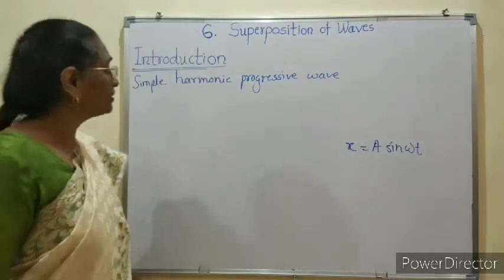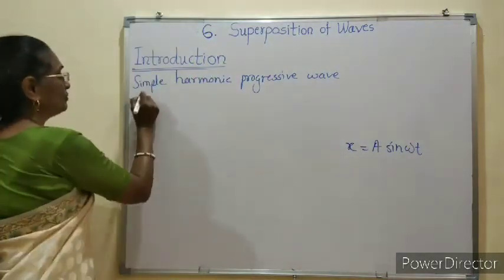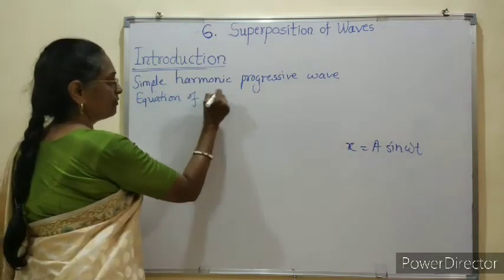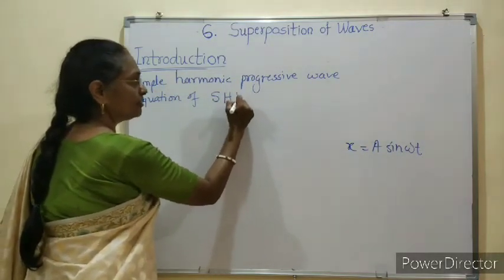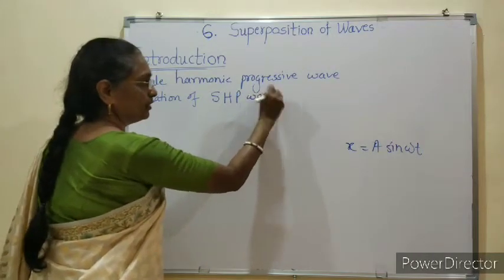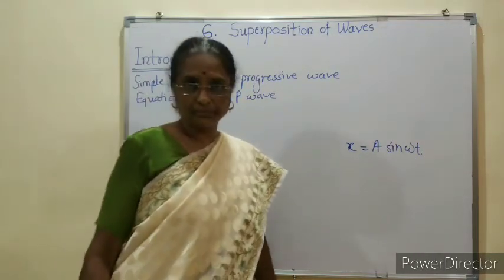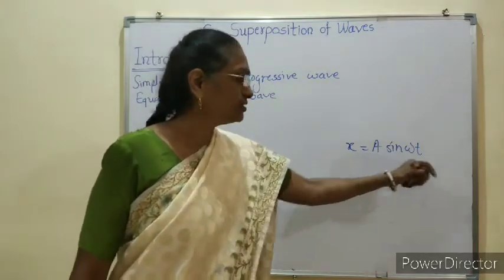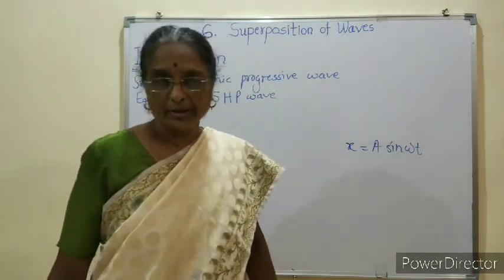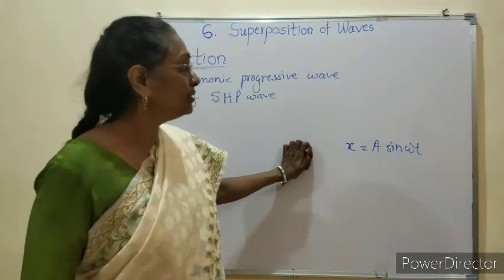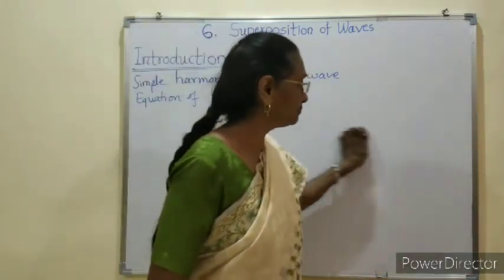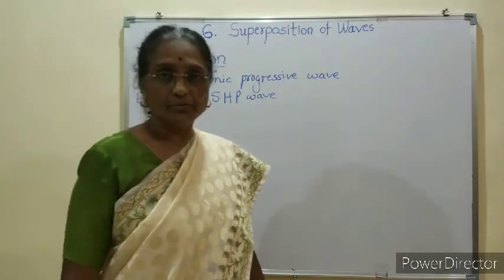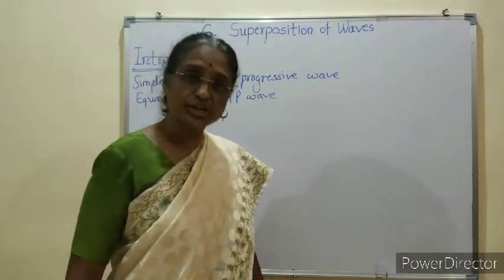And the equation related to a simple harmonic progressive wave, we have to derive that equation by considering the equation x is equal to a sin omega t. For that, we consider the wave which we studied in the previous lecture, which is formed on a straight string.